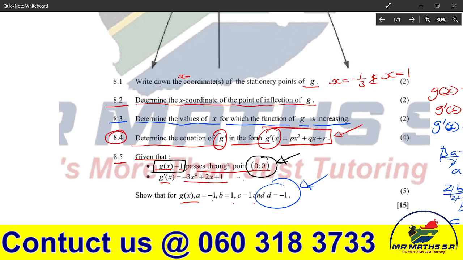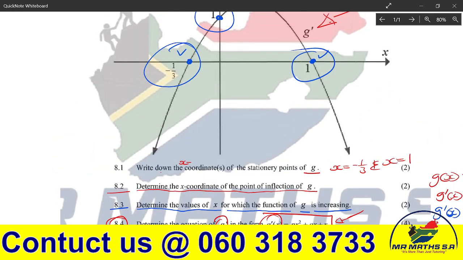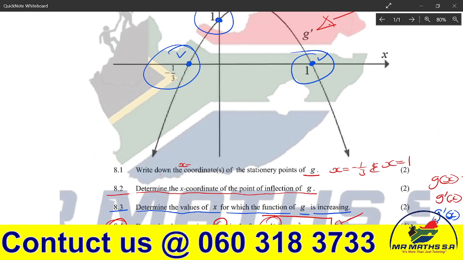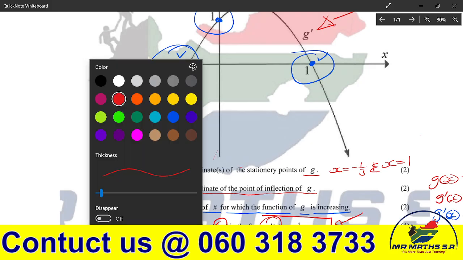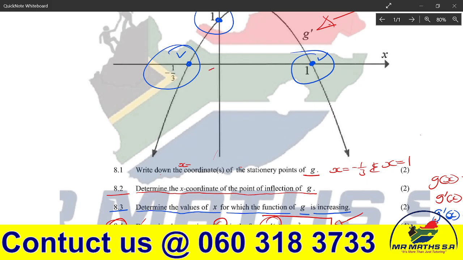So if the graph is shifted 1 unit up, it now passes through the origin, which means it doesn't have any y-intercept.